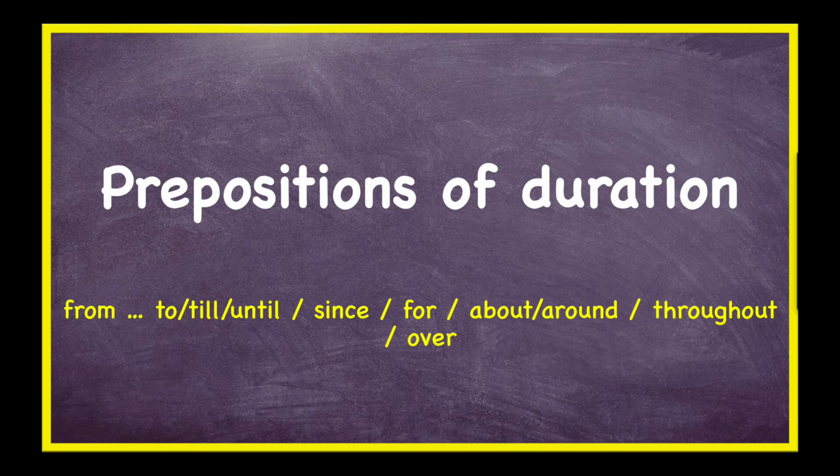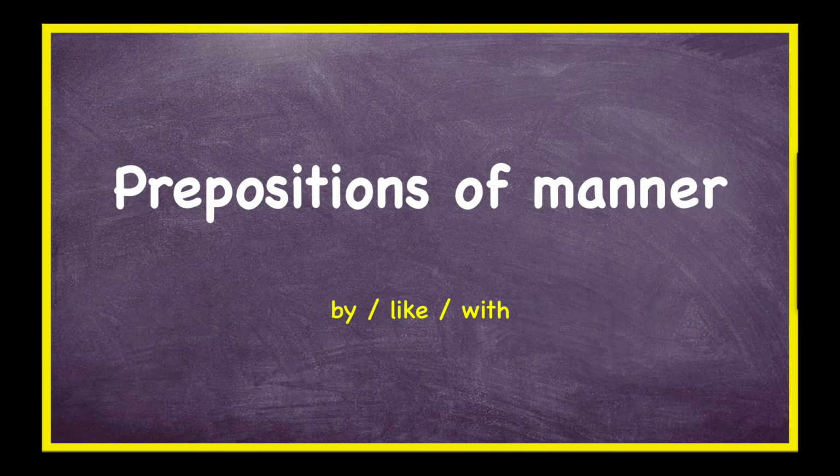And then we have ones that get a little more complicated. Prepositions of manner. A preposition of manner indicates the way in which something was done. So, for example, we've got the word by here. You would say, I learned it by heart. Or like, I acted like a madman. Or I love you like crazy.